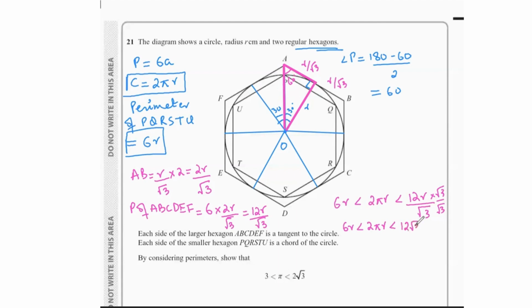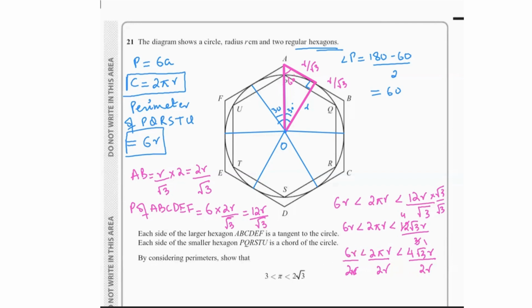So 6r, 2 pi r, and this is going to be 12 root 3 r divided by 3. 3 ones are 3, this is 4. So 6r, 2 pi r, and that is 4 root 3 r. We can see r is found in all three, so the r gets cancelled out. Over here we have 3, over here we have just pi, so let's divide all 3 by 2r because this is what's not present over here.